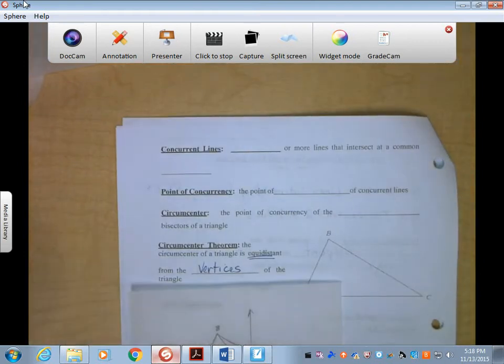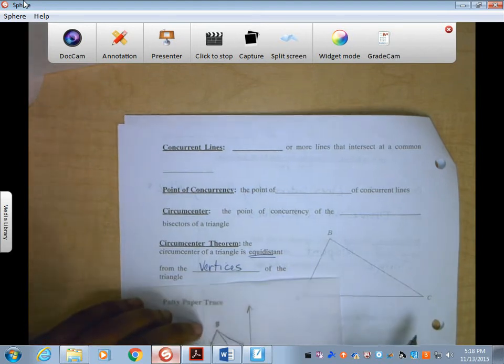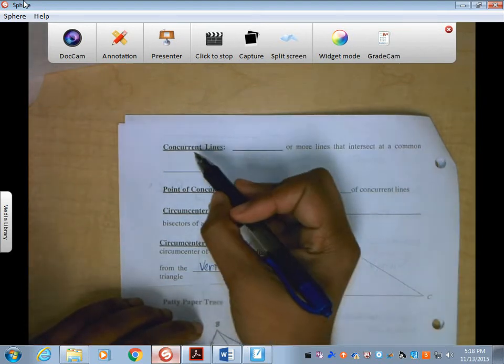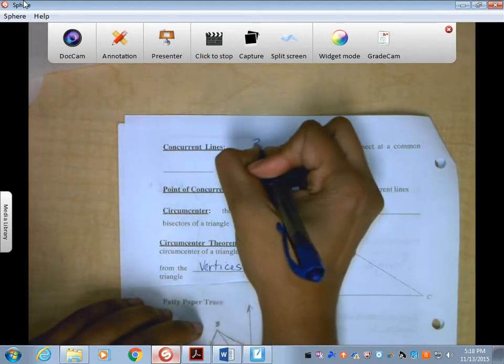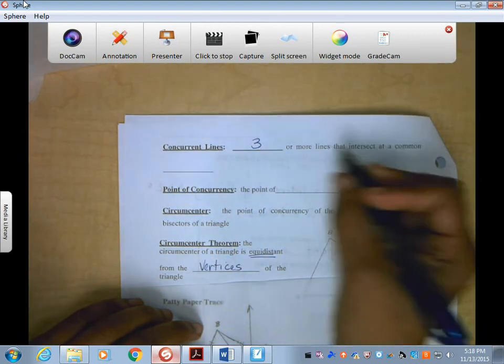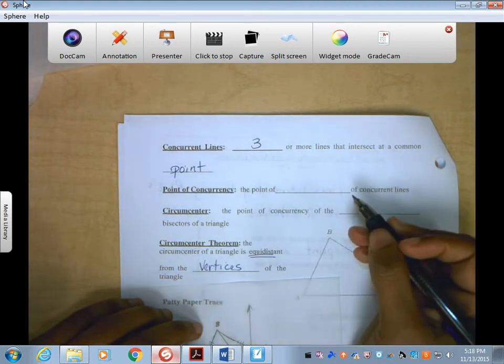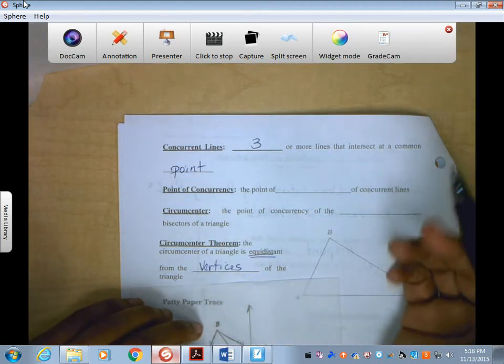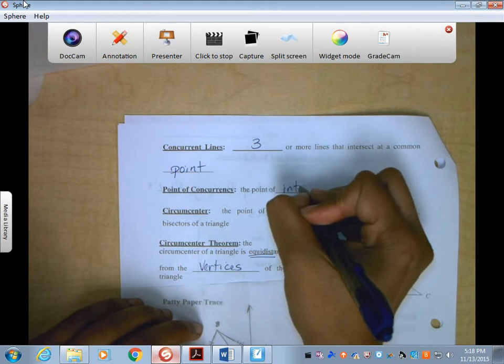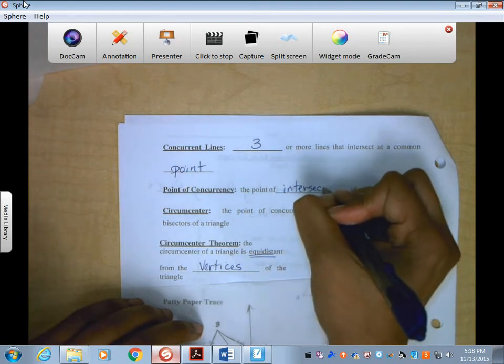So I guess I can give you the other part that I was going to do on the smart board, but since this is the only page you need to know: concurrent lines are basically three or more lines that intersect at a common point. And that point of concurrency is the point of intersection of those three lines, or more.